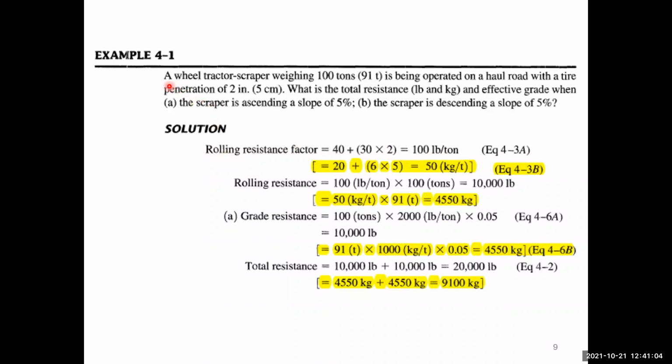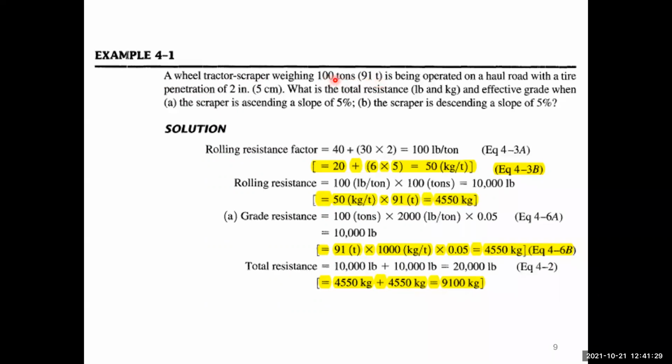A wheel tractor scraper weighing 100 tons, or 91 tons. That is 100 tons, meaning 100 times 2000 pounds, but in kilogram terms it will be 91,000 kilograms.